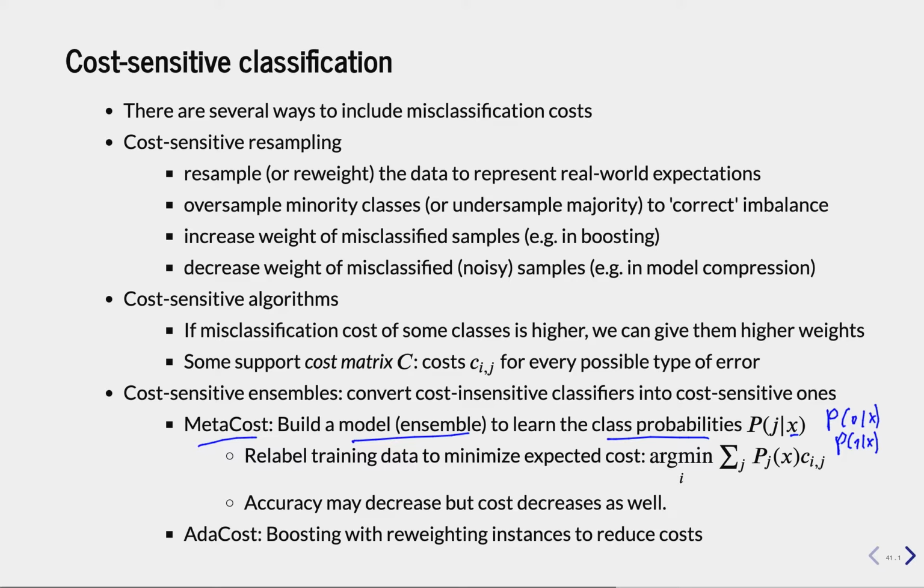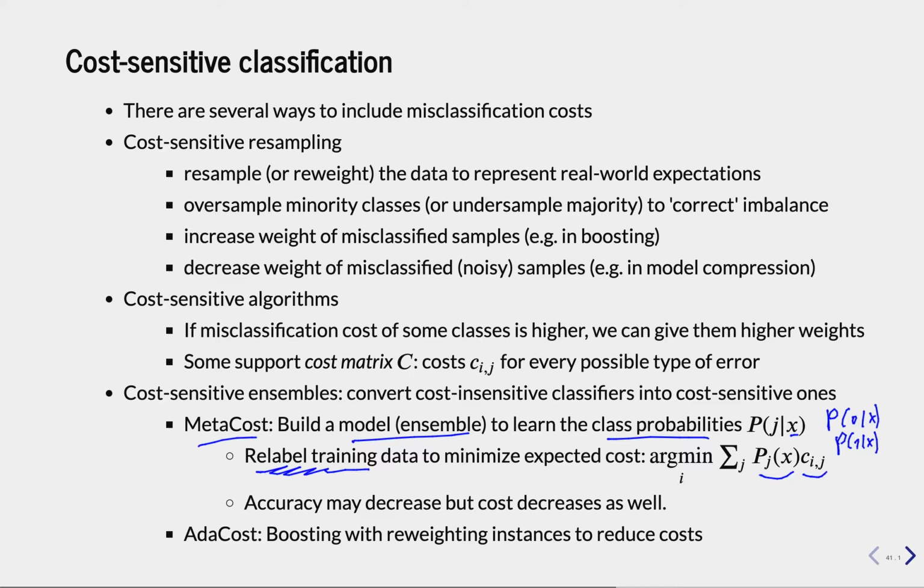And then you relabel your training data to minimize the expected cost. Right? So the expected cost is the probability of being predicted as a certain class times the cost that occurs with that prediction. If it's the right prediction, the cost will be 0.